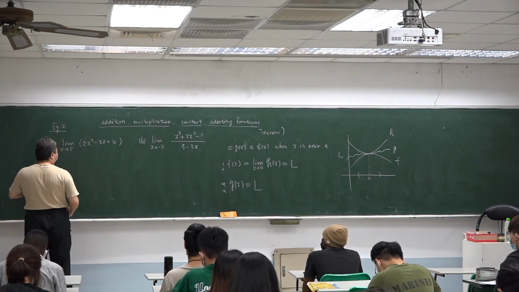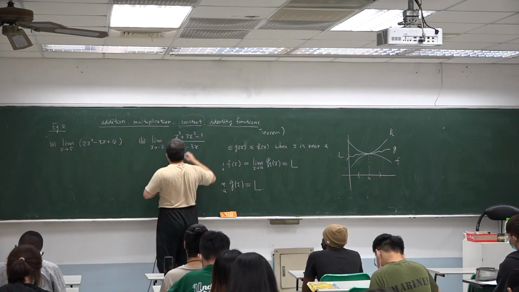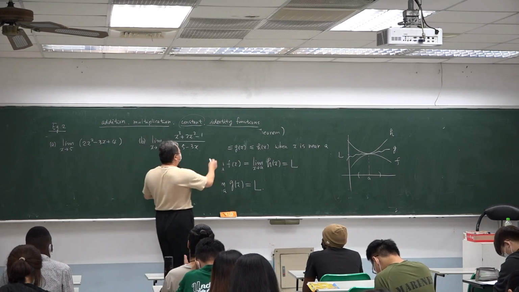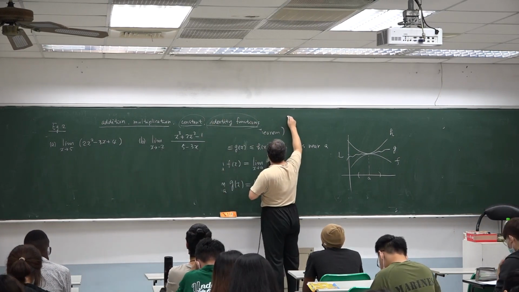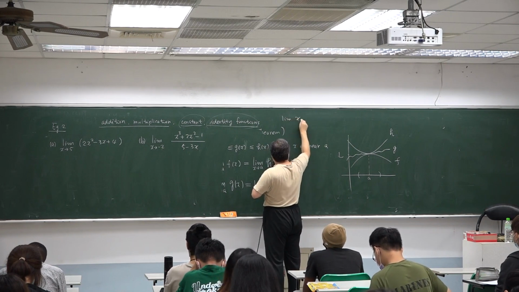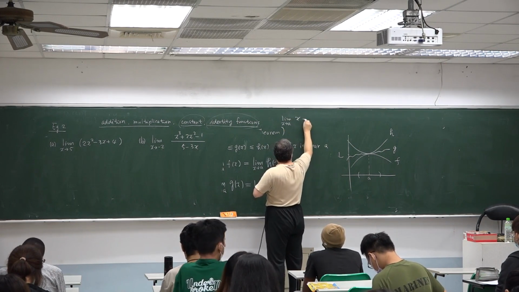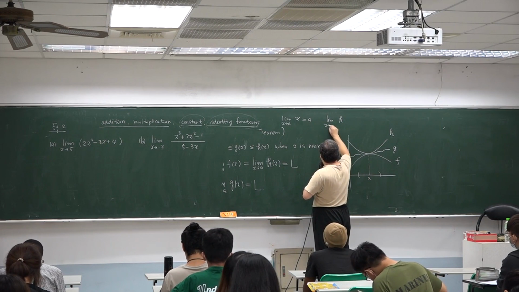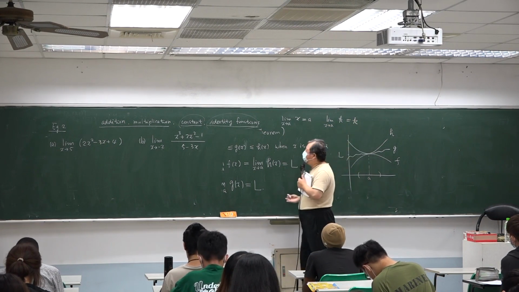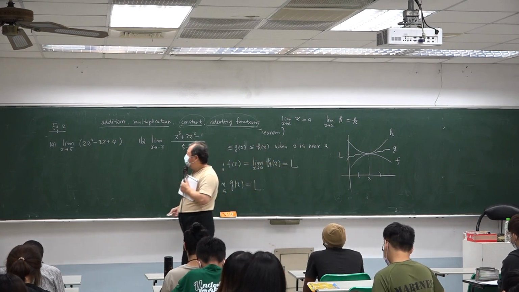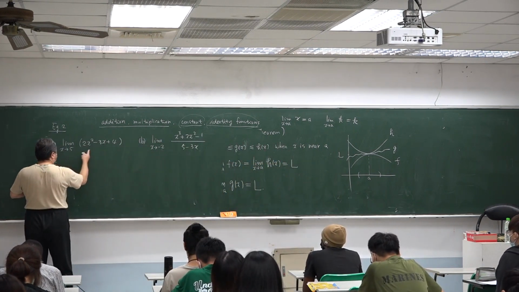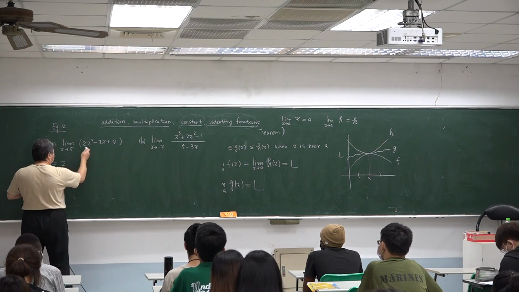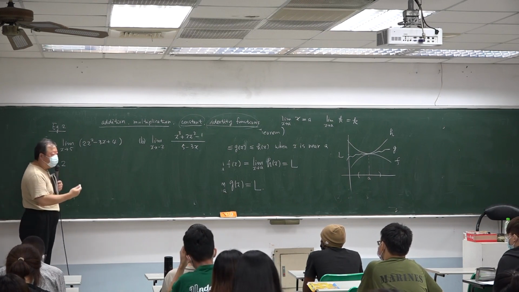But we already know for a constant function, the limit can be obtained by direct substitution. And also for the identity function. Identity function means this one. Constant function means a number. And we use the limit laws. I mean, x squared is x times x.